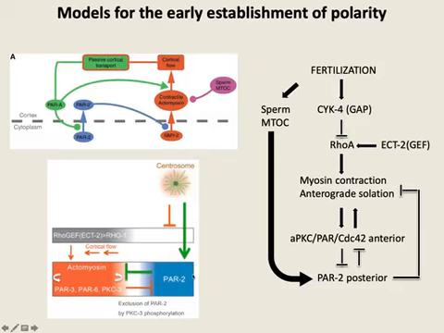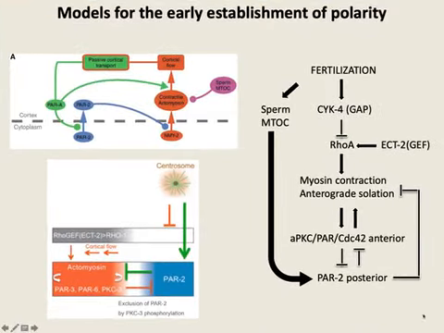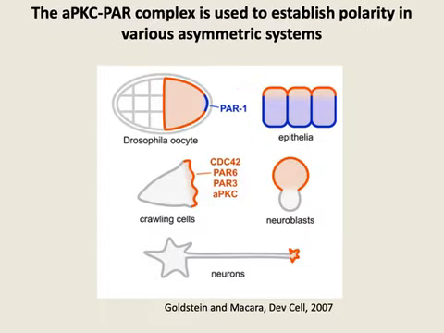Okay, so that's how you have the relay between the initial symmetry breaking event, sperm entry, and the intrinsic polarity, PAR complex anteriorly, PAR2 in the back. And we've seen that once you start establishing this asymmetry, the antagonism between the two, so these two negative arrows here, they basically maintain and reinforce the asymmetry. Okay? So I'm done with the PAR complex at this point.